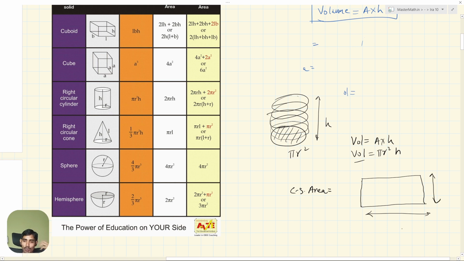Because then L into B would give us the curved surface area. So we had this cylinder which I opened up. What would this total L be?